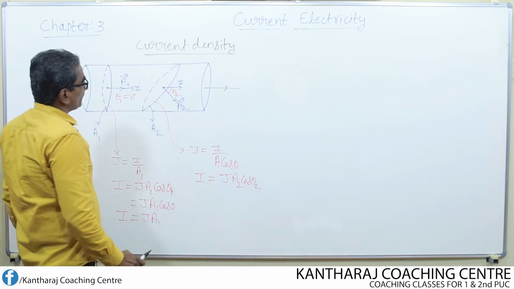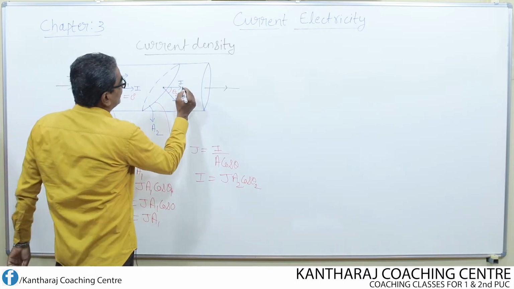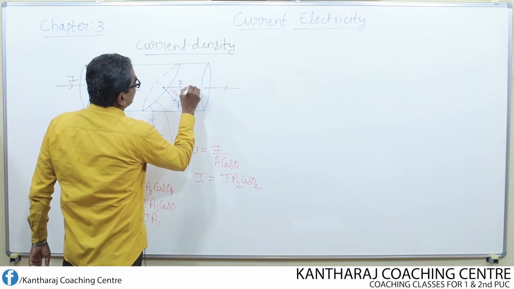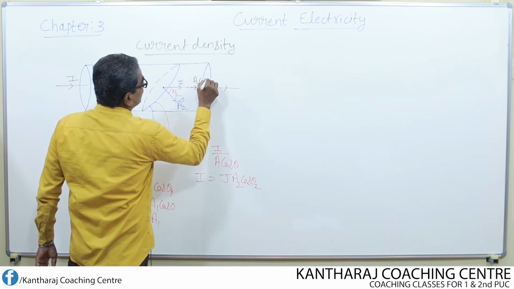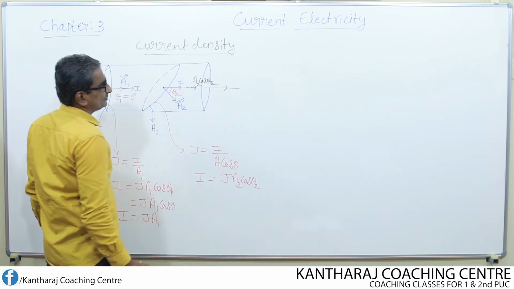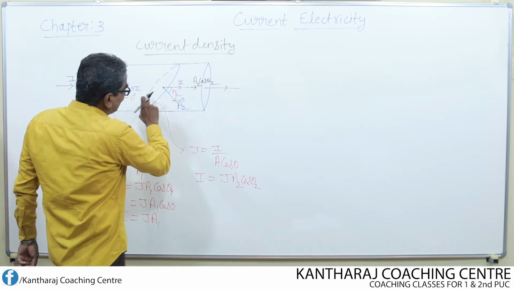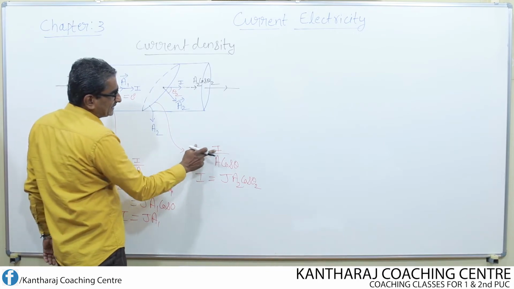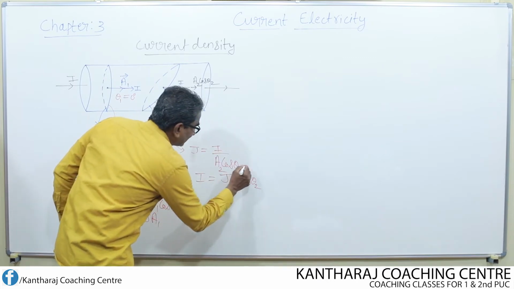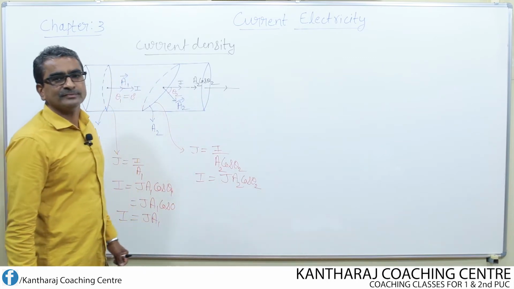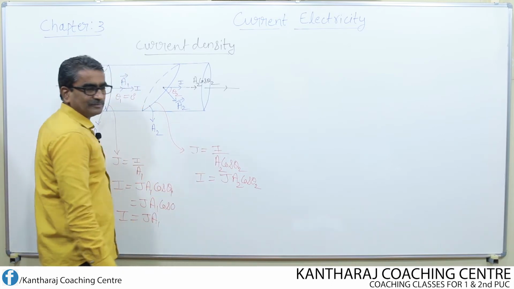Now in this case, along the direction of current, I can write the component of this area vector, which is nothing but A2 cos theta 2. Now, what is the current through this area? First of all, current density J is given by I divided by A2 cos theta 2. Then if you cross multiply, I will be equal to J into A2 into cos theta 2.